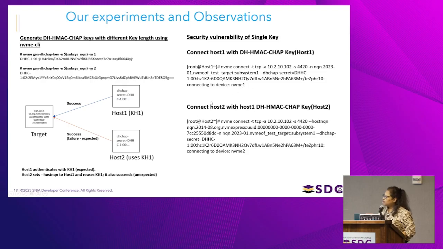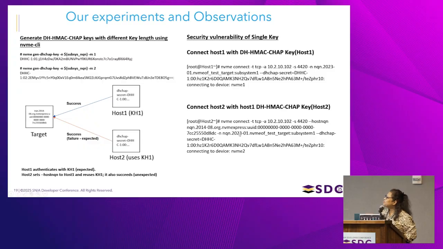Now, to show the impersonation, we have tried doing the same thing over a new host, where we are taking the same key, and since we are impersonating the host, we use the host1 NQN, and the connection goes through, which is not expected. Should be expected.